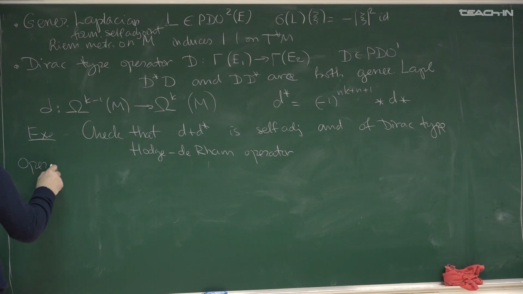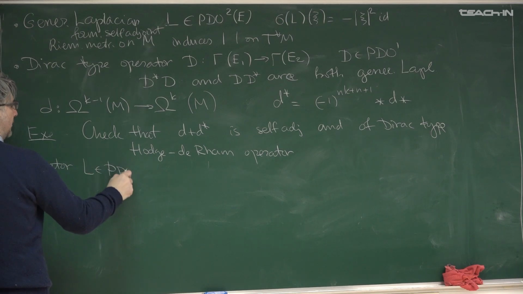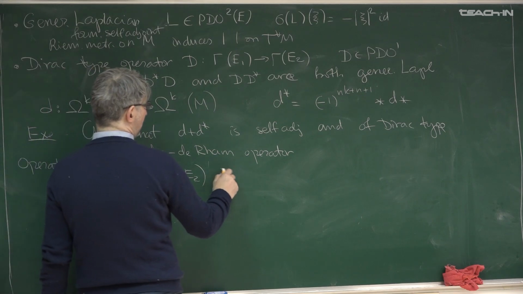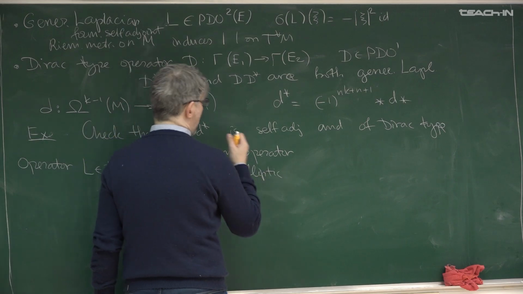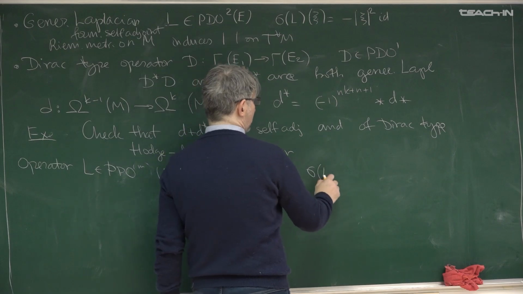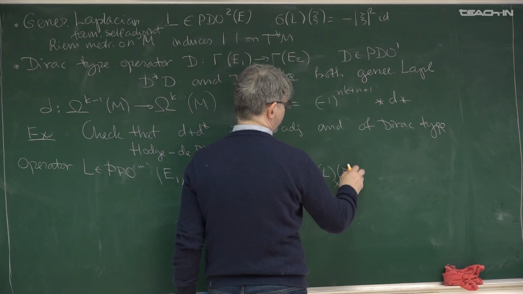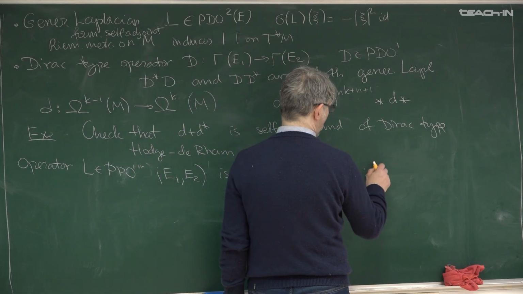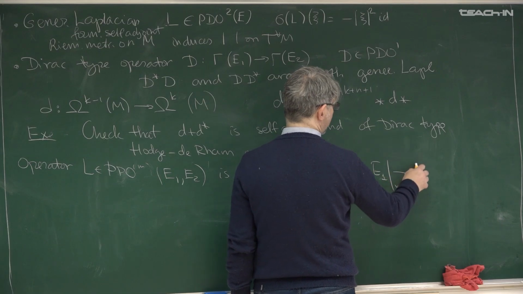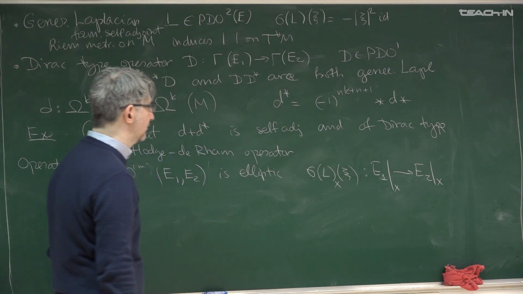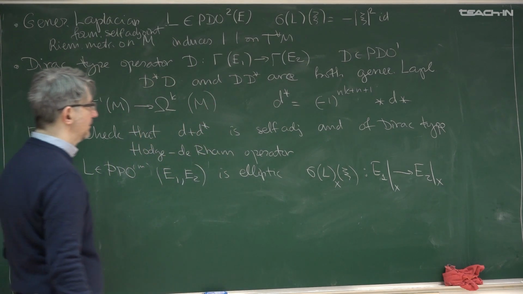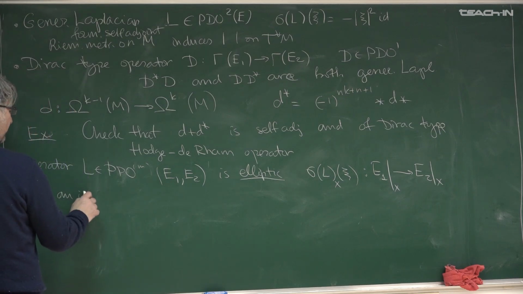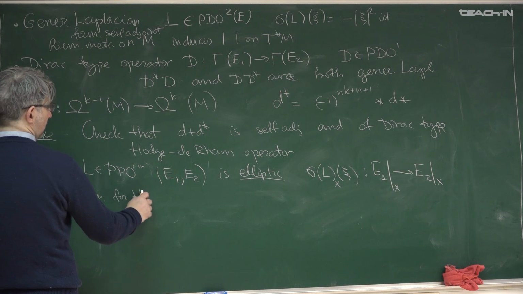So an operator L, a partial derivative operator of order M from one vector bundle to another vector bundle, is called elliptic if its symbol, considered at a fixed point x and evaluated on some cotangent vector xi, which is a linear map from the fiber of one vector bundle to the fiber of the second vector bundle over the same point, is an isomorphism for all xi which are not zero.